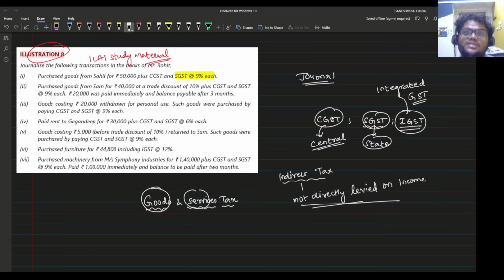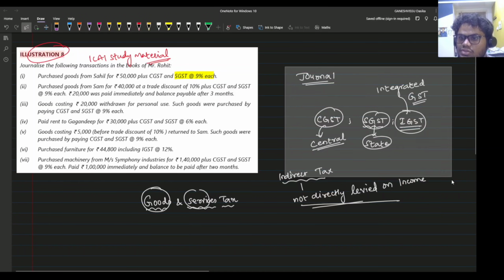So while we are purchasing goods, the MRP price that we are paying is already included with GST. That means we are already paying the amount along with GST. And of course, related to GST, we'll learn a lot in the future. I'm not going to discuss it in depth now.